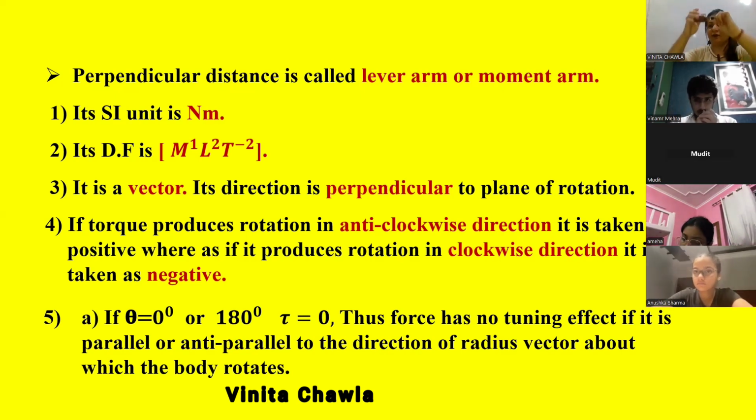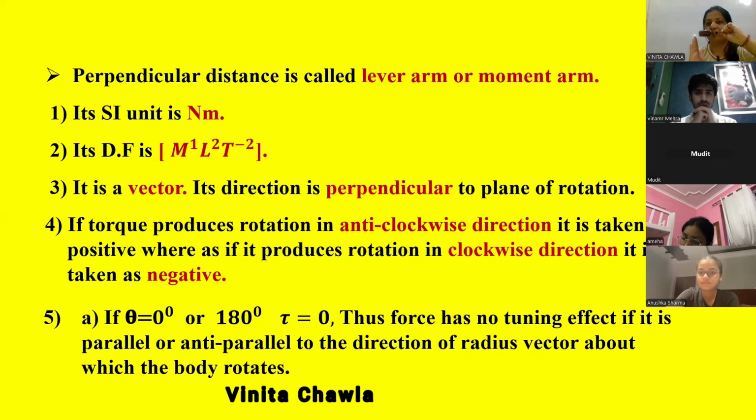But if R is in this direction and we apply the force in the opposite direction like this, then theta is 180 degree. In both the cases, there is no rotational effect. We cannot rotate anything by applying force like this.